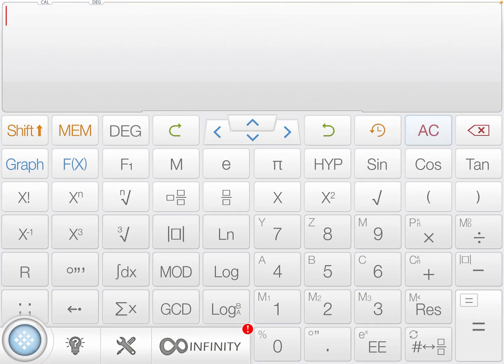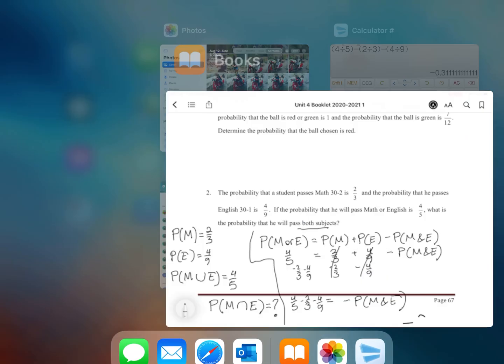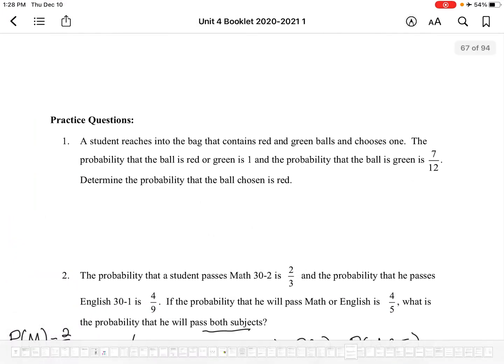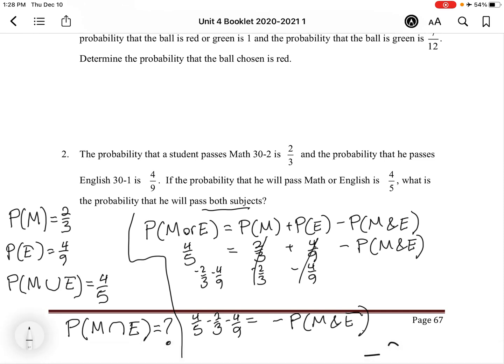Whoops, there it is. Okay, so it's 4/5 minus 2/3 minus 4/9 equals, and I get negative 0.31. Okay, so I'm just going to continue over here.